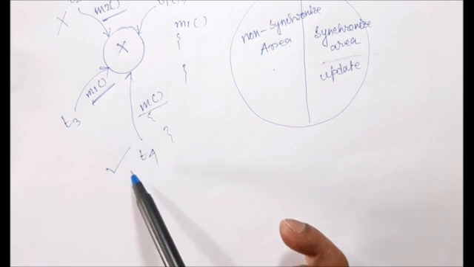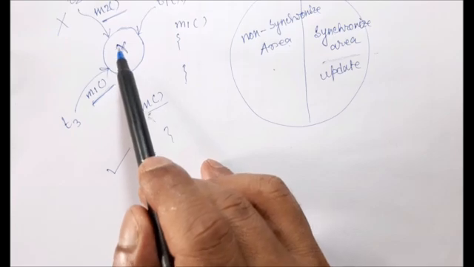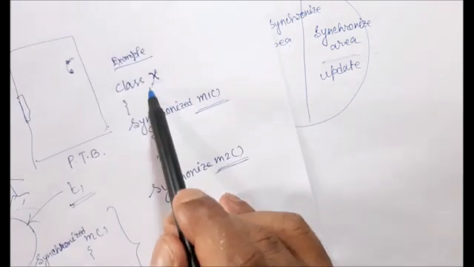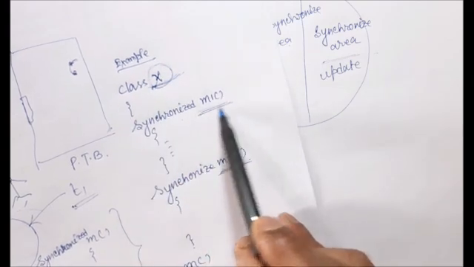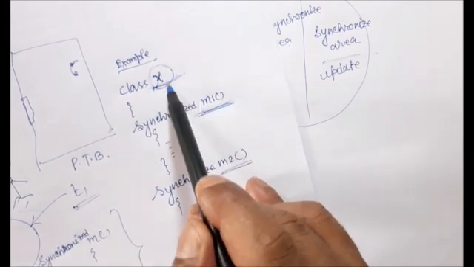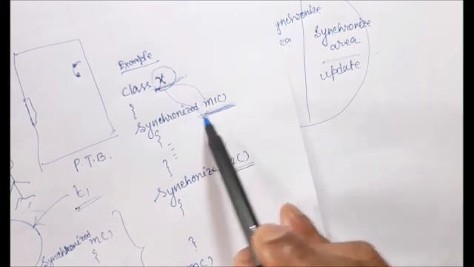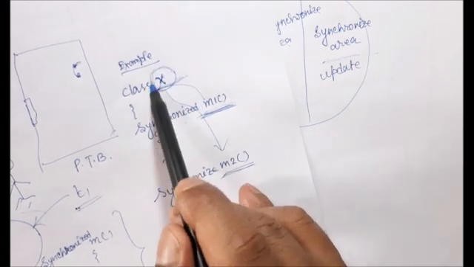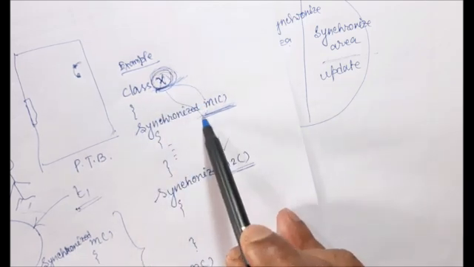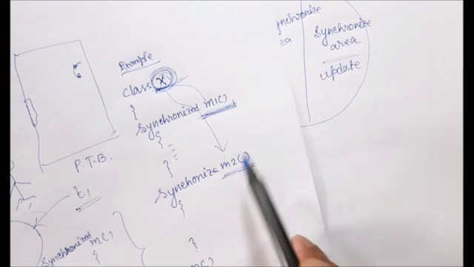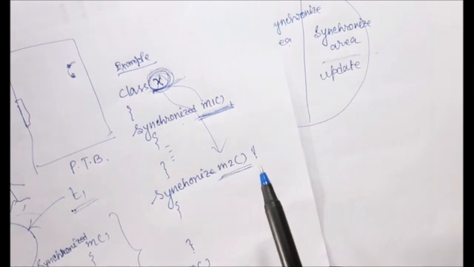But with the same object, for example in this example, we have only one class, and m1 and m2, those synchronized methods, belong to the object of class X. So if I want to call m1 or m2 at a time, we can access only one synchronized method.